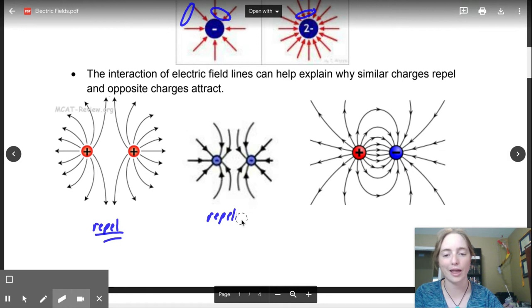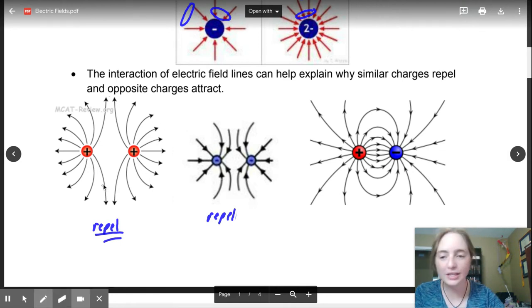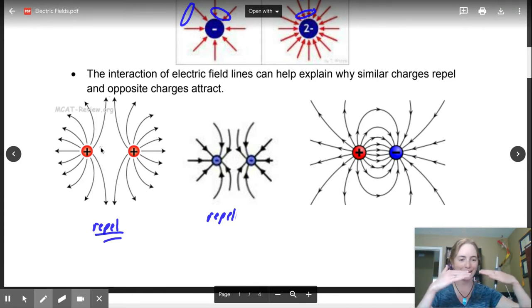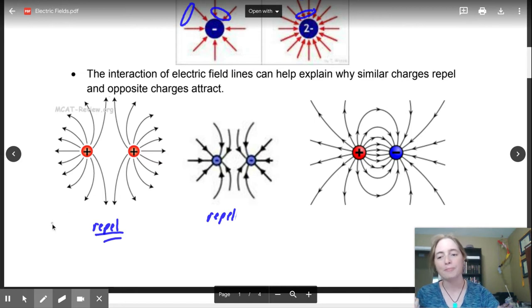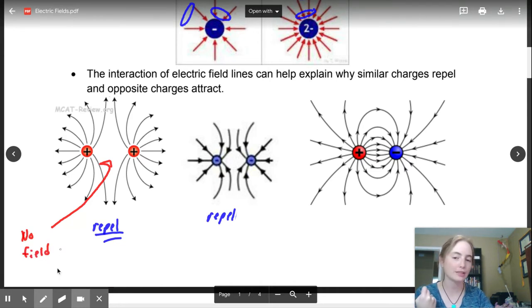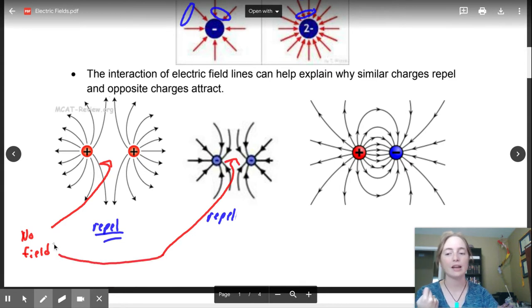With this, you can see how these field lines, it's two positive charges. You can't have your field lines touching with a positive charge. They're going to go away. And here in the center, you are going to have no field. So in the center of those areas, there is no electric field there. All right?